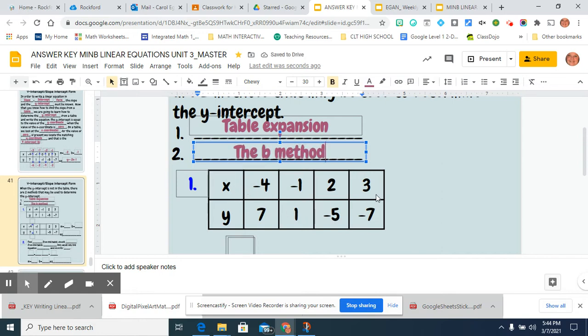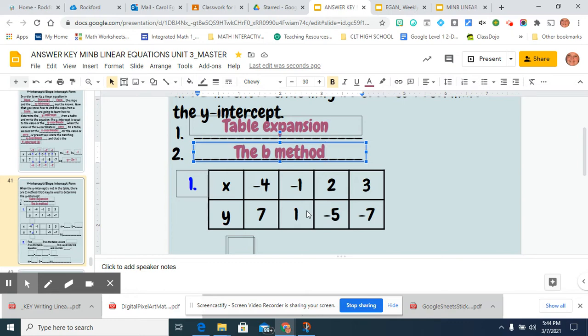Okay, so we've been given this table, and we can see when we look at the x values, we have -4, -1, 2, and 3. So there's no 0 just listed in the table. Remember, though, these are representing a line, and all those lines, when connected, that means that all those spaces in between are also points on the line. So it doesn't mean that there's not a point that has an x value of 0.